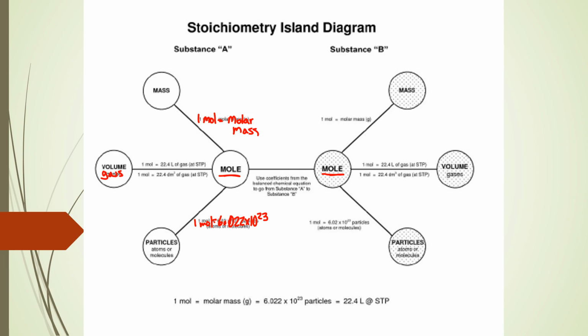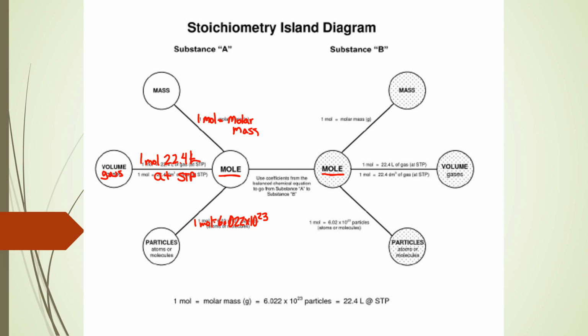If it's anything else other than volume of a gas, we have to go from volume to mass and use density. All right. But in this one, when we're talking about volume of a gas, we're going to see a relationship that 1 mole of a substance is 22.4 liters of that substance. And that's at STP, standard temperature and pressure.